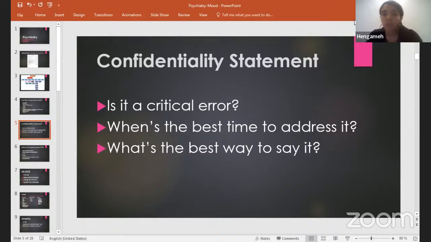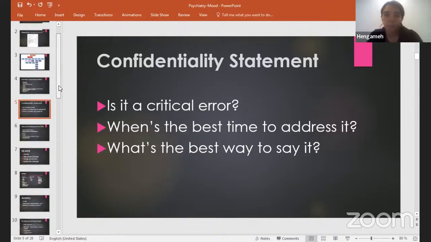So whenever you're in the exam and you have a role player that's being difficult, try to repeat your open-ended question, try to rephrase your confidentiality statement, try to change your tone, and they'll definitely be more cooperative.